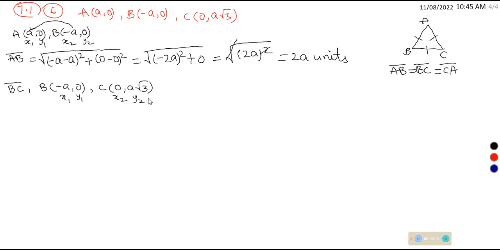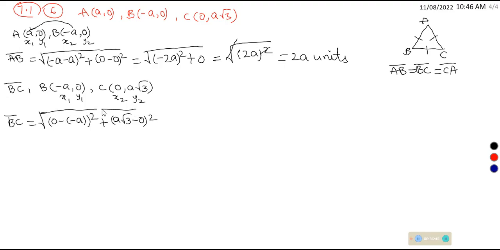So BC distance is equal to root of x2 minus x1, here x2 is 0, minus of minus a whole square. Why? Because in the formula we have minus, and here we have minus, so minus of minus a whole square, plus y2 minus y1, a root 3 minus 0 whole square.